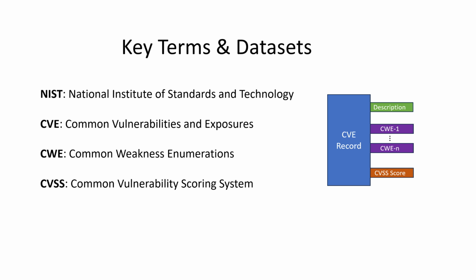So to recap, a CVE record has a textual description of what the CVE is. It has the CWE, or the Common Weakness Enumeration. This is like the category or the type of weakness that it is. So a CVE record might be, say, Apache Server version 3.24 has some problem with it, right?